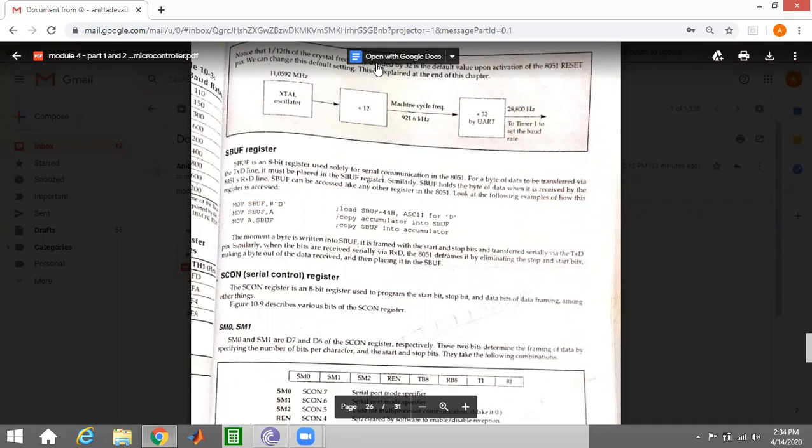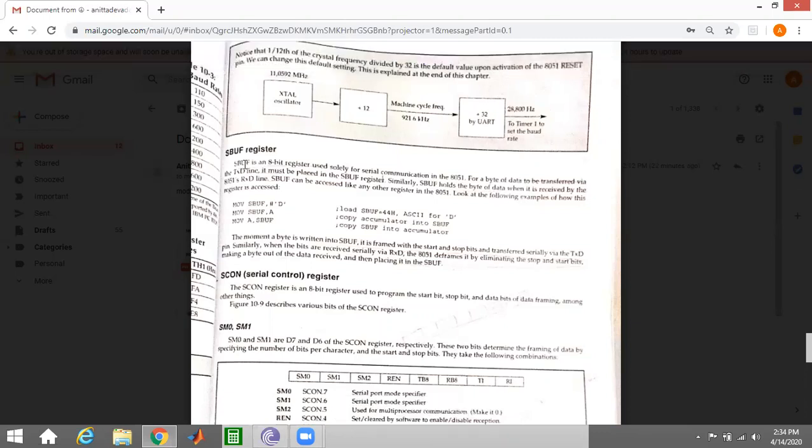Timer 1 is how many bit register? 16-bit register. Now, the same way, SBUF, the serial buffer, is an 8-bit register and it is used solely, meaning only, for serial communication.